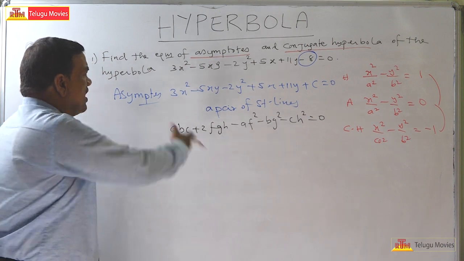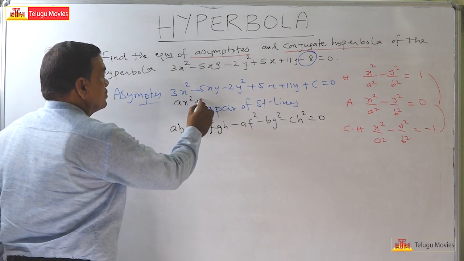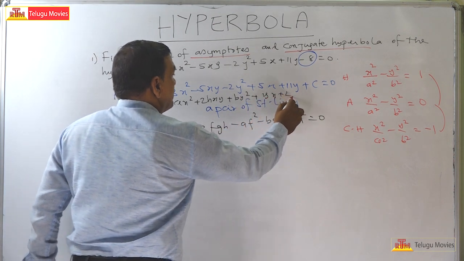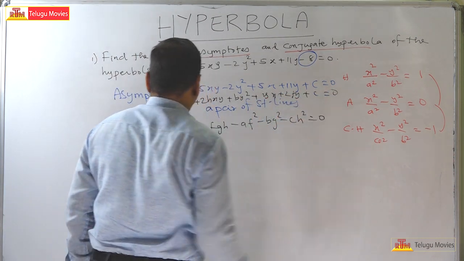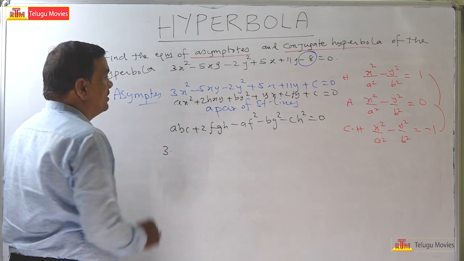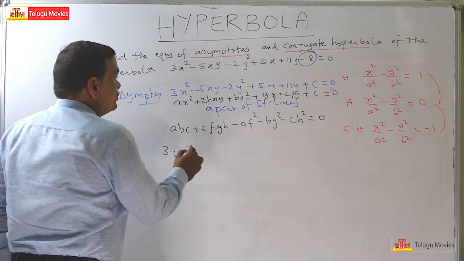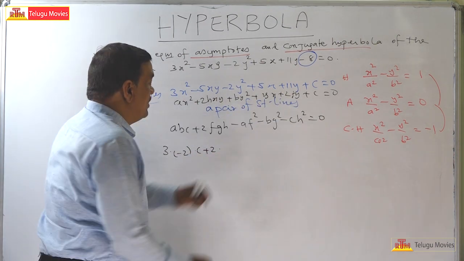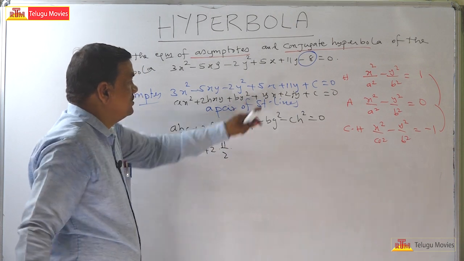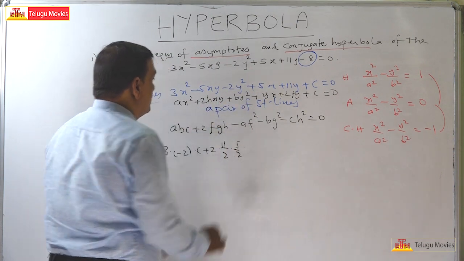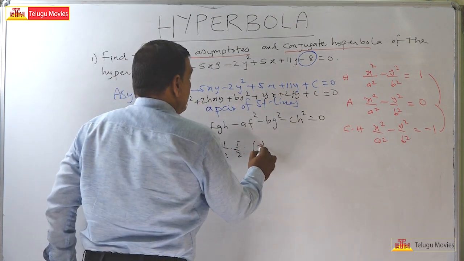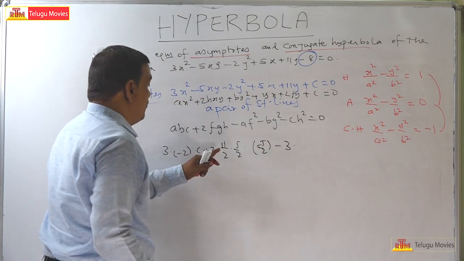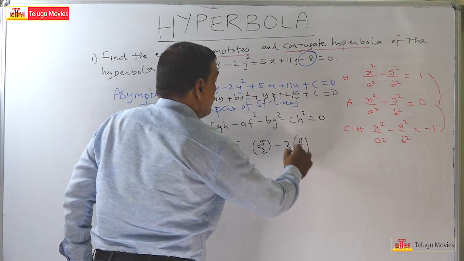So substitute all the values here. Here a value is 3, b value is minus 2, c value is c only, f value is 11 by 2, g value is 5 by 2, h value is minus 5 by 2. Minus af square: a means 3, f means 11 by 2 whole square.